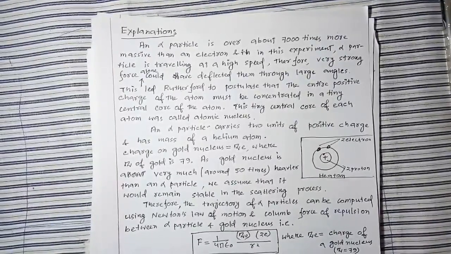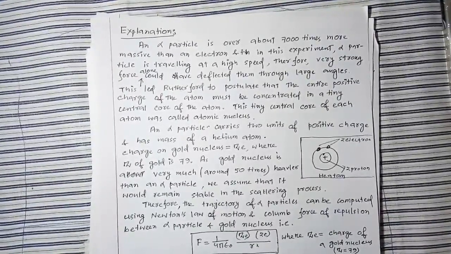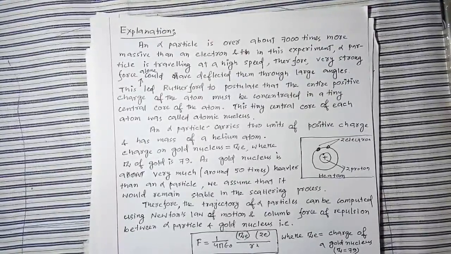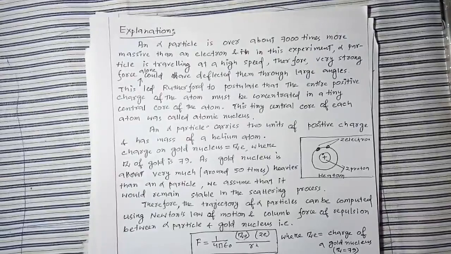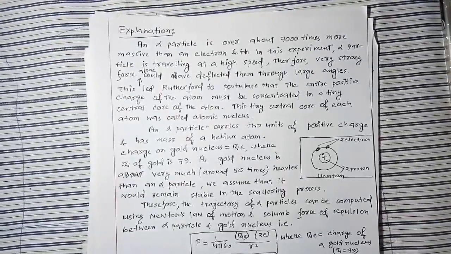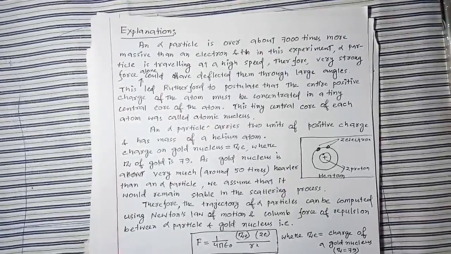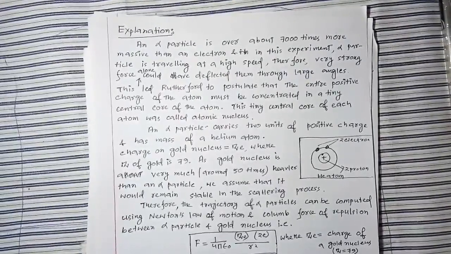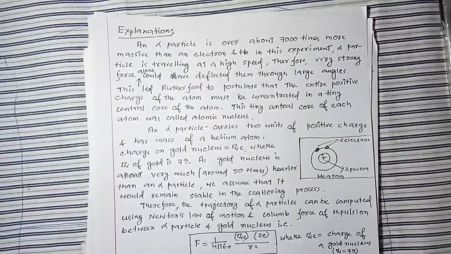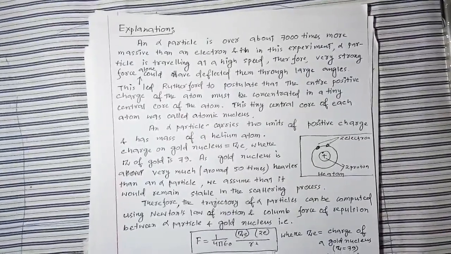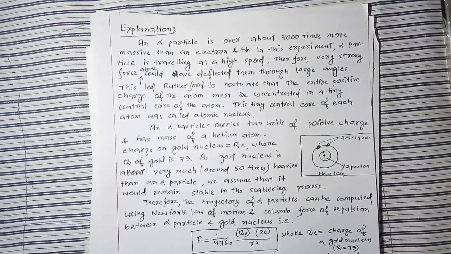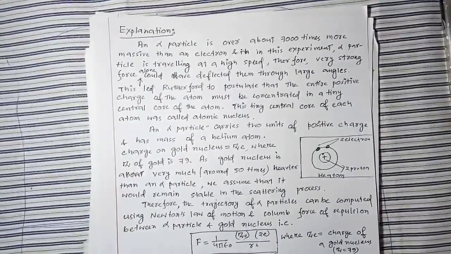That means the strong force that we have inside the gold atom must be positively charged, because the alpha particle itself is positively charged. They are getting deflected. That means the strong force inside the gold atom should also be positive. If the force inside the gold atom is negative, then obviously all the alpha particles will get attracted towards the gold atom. Yes or no? So the strong opposing force that we have inside the gold atom is responsible for deflecting the alpha particle with a very large angle.